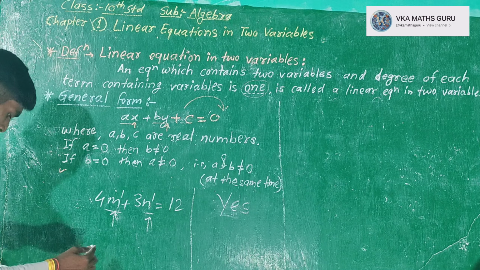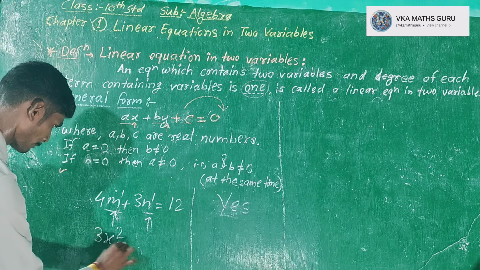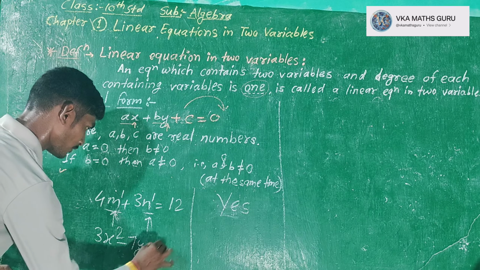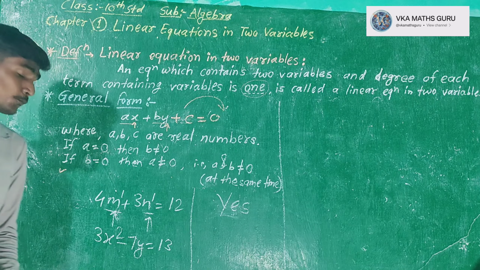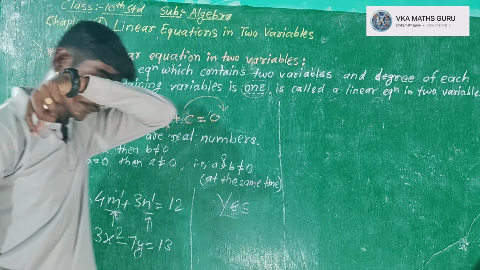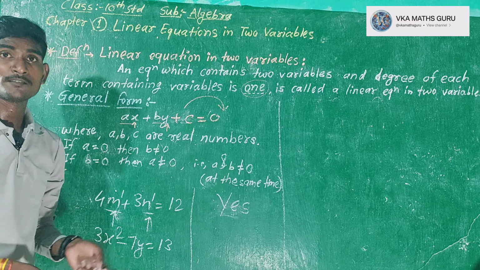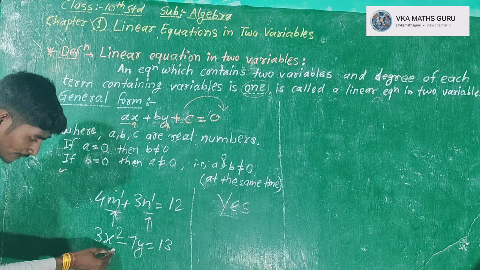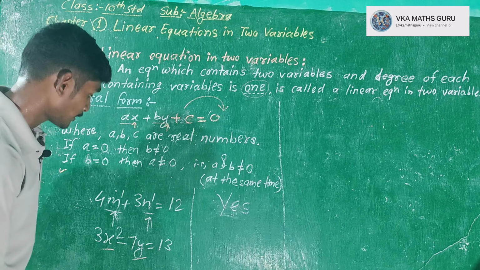The next equation is 3x square minus 7y is equal to 13. Firstly we check the presence of the variables. How many variables do we want? Two variables. Here x is the first variable and y is another variable.